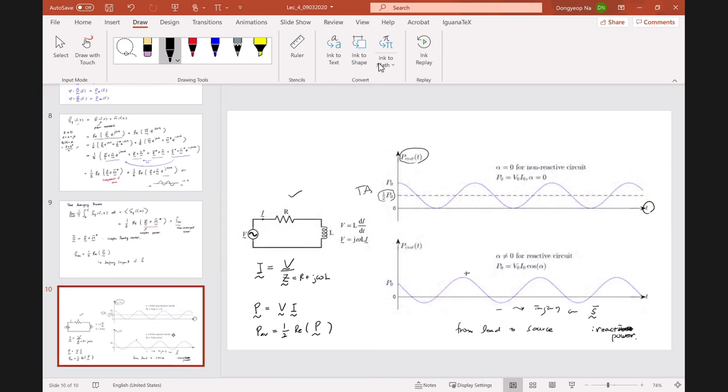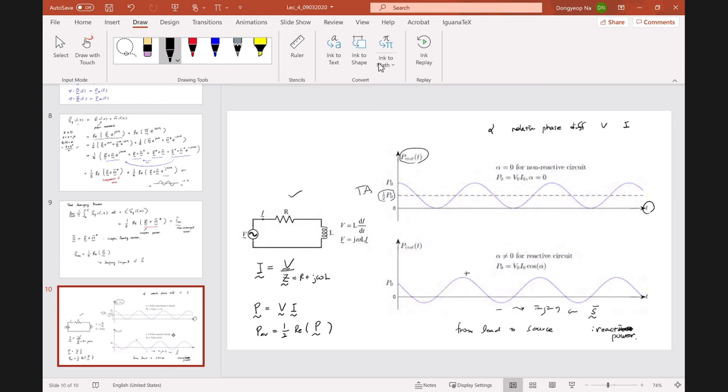Alpha is the relative phase difference between voltage and current.